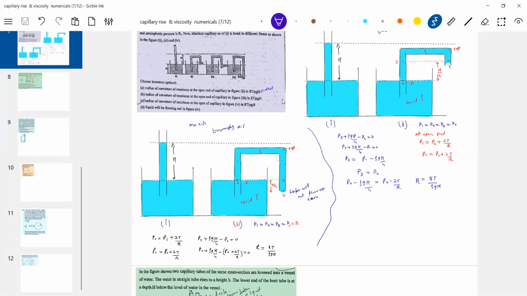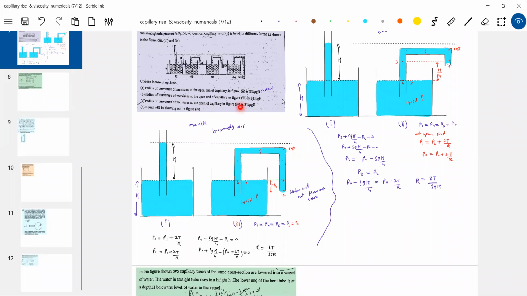Look at it now. So finally, this is the edge. In figure 4, let's come to this one. Radius of curvature of the meniscus at the open end of the capillary in figure 4 is.